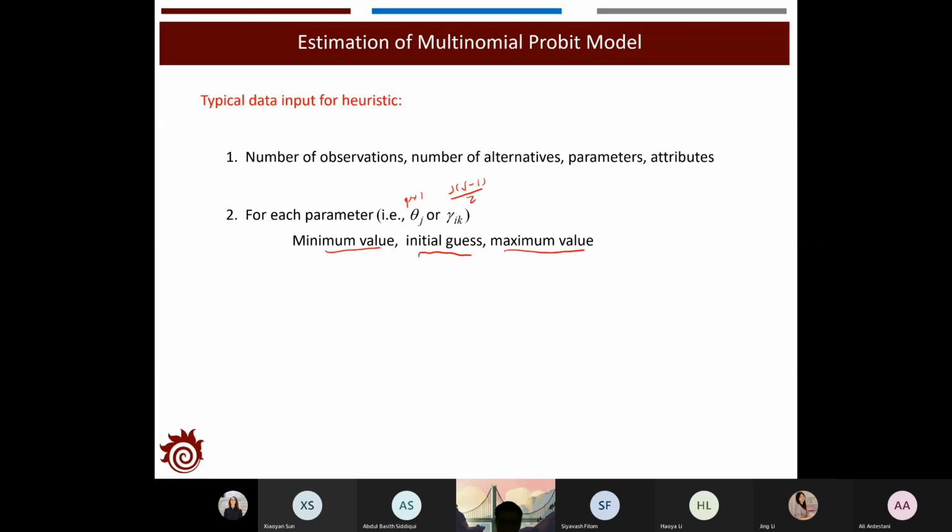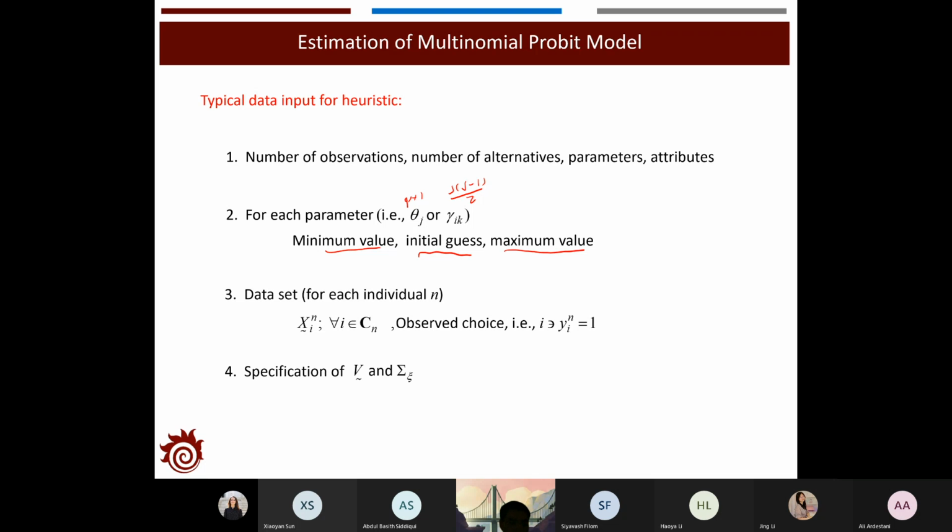In the calibration, we will search all the possible values between the minimum and the maximum value, so that we find out which set of parameters, theta and gamma ik, maximizes the likelihood function. So the core idea is very straightforward, but the computational complexity is very high. And regarding the data set, we definitely know the attributes that we observe for each individual. That will be the xin for each mode.